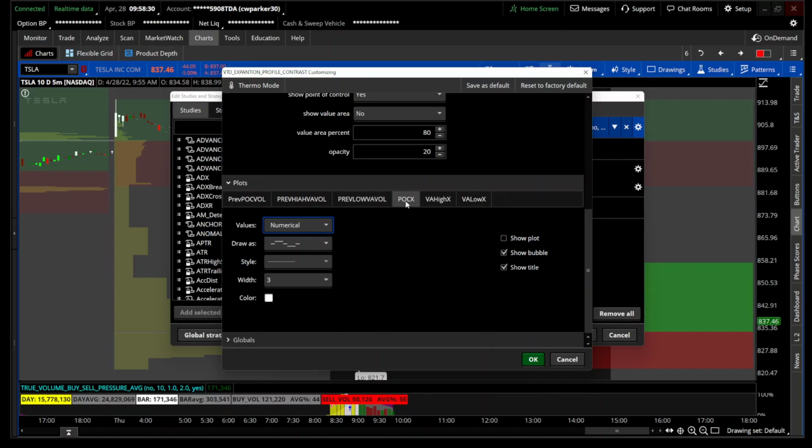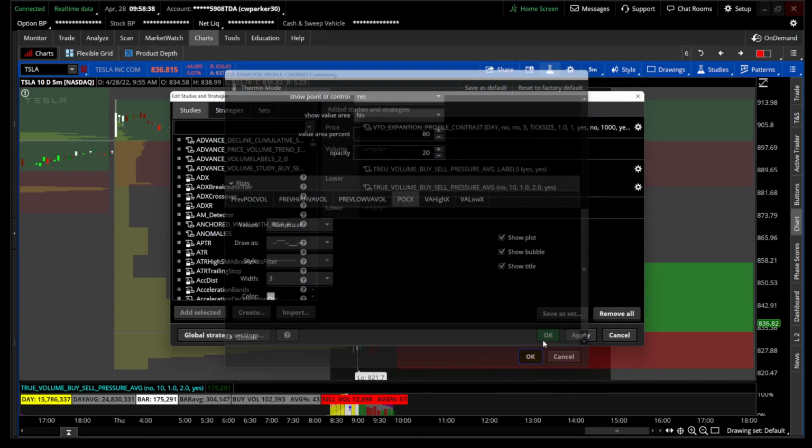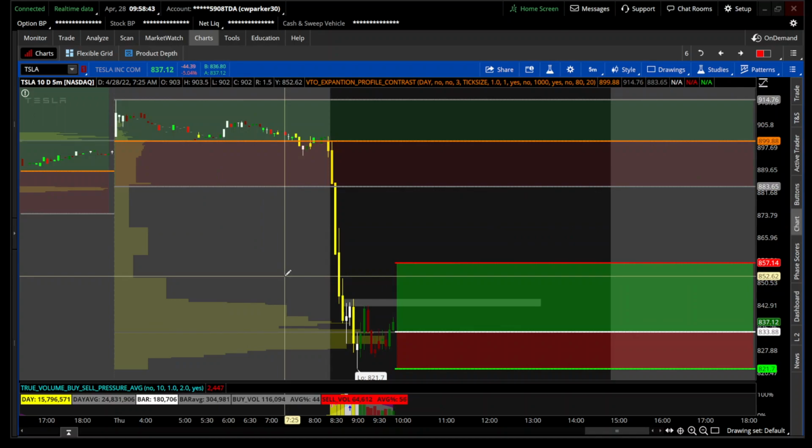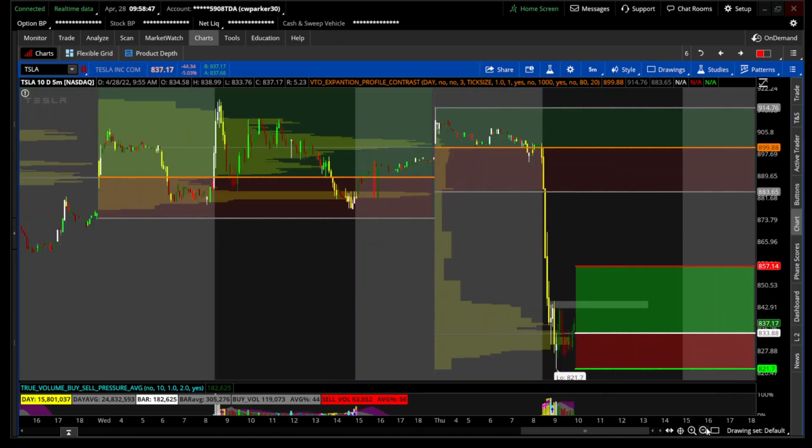This is the point of control extension, that's why it says point of control X, and the value area extension as well. So these are on the extensions. This is basically what it looks like out of the box with these lines and everything, but you can have those lines on or cut them off.